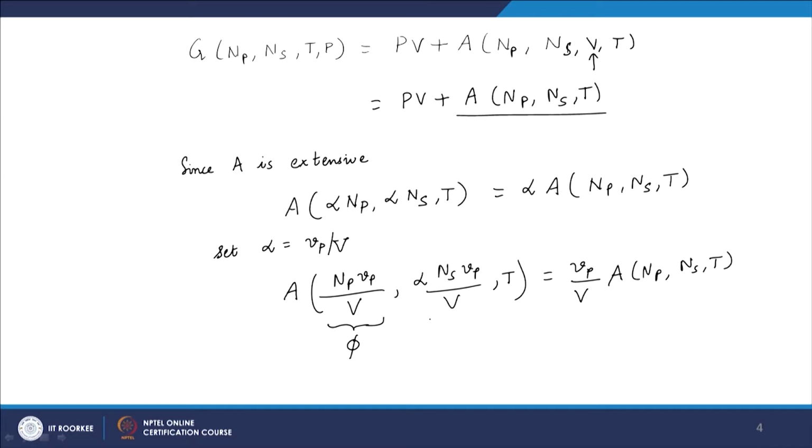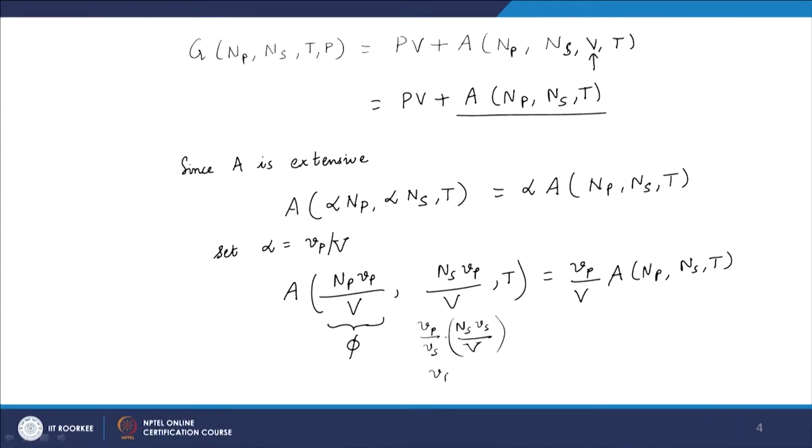This term, if you notice carefully, I can write as Vp by Vs multiplied by Ns Vs by V. Now, the term inside the bracket is 1 minus phi. So, we have Vp by Vs times 1 minus phi.